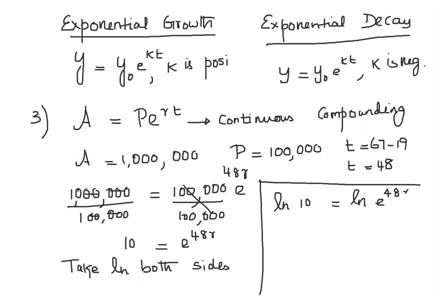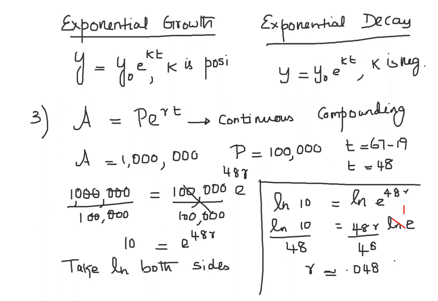And so we have to move the power, and ln e is 1, we know that. So to get the r, divide by 48 both sides. And use your calculator, you get 0.048, or it's going to be 4.8%. That is the average rate of return.